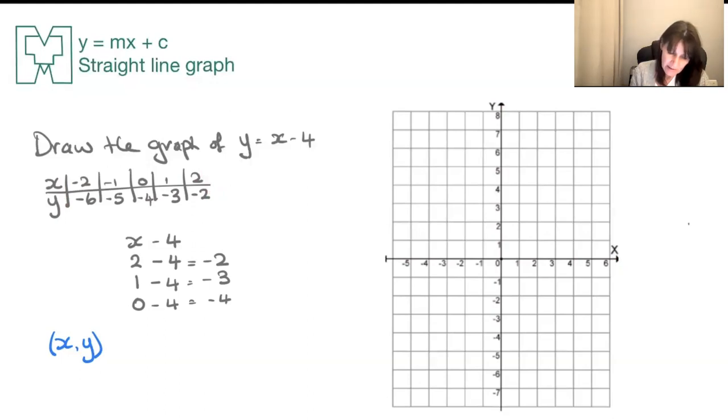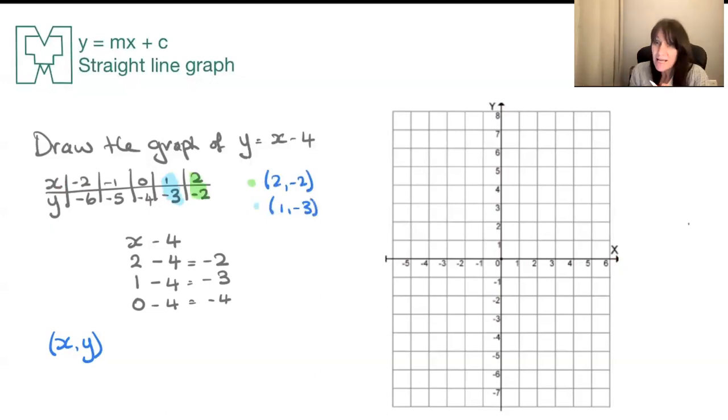So I'll use a little bit of a highlight. This one here would become (2, -2). This one here is going to be (1, -3), and so on. Just put a little dot there.